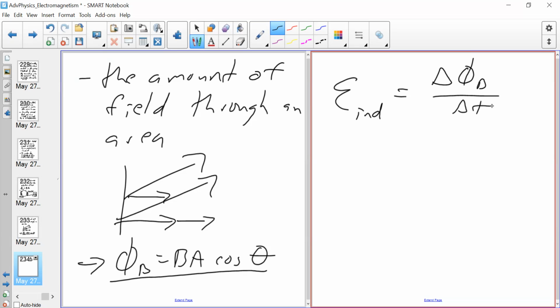In a time interval that's very small or large, whatever, some time interval, I'm changing the flux. It's a rate of change of magnetic flux to produce current, which comes from a difference in potential, which is my voltage there, this EMF. Voltage is commonly written as the EMF symbol.